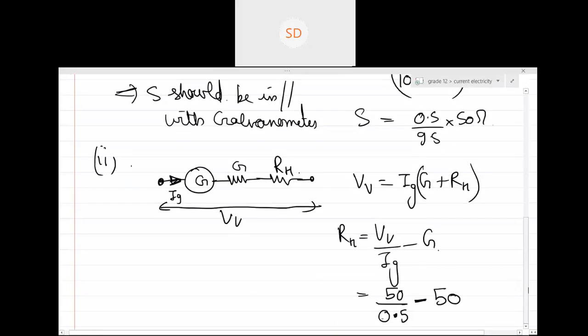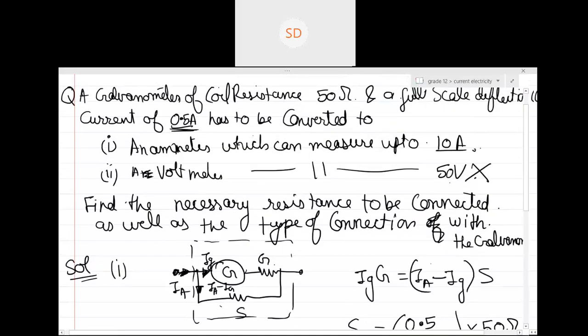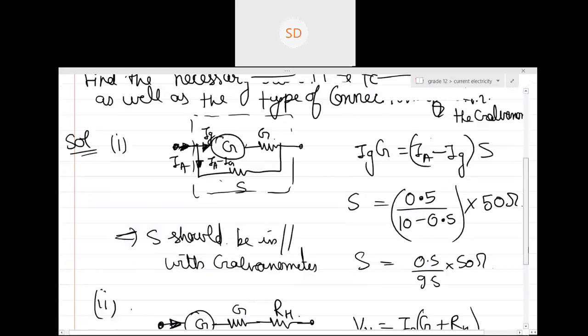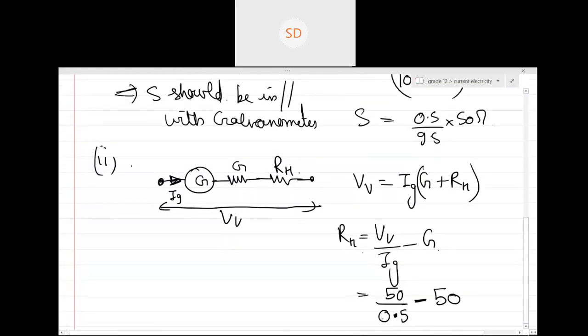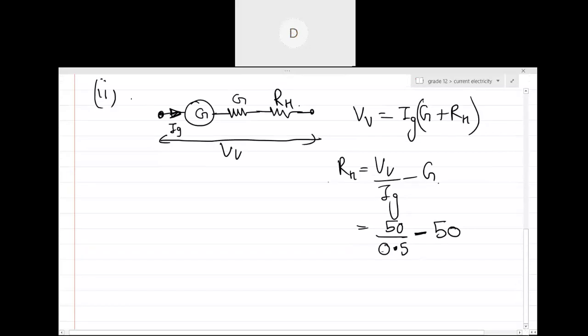Guys, can you see in the first case, when we took 5 volt, the answer for RH was coming negative, right? Yes, sir. So that is not a possible case. So you can't create a 5 volt scale with the help of this galvanometer. Are you getting my point? Yes, sir. So what to do in this case?